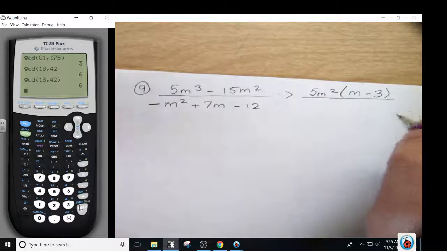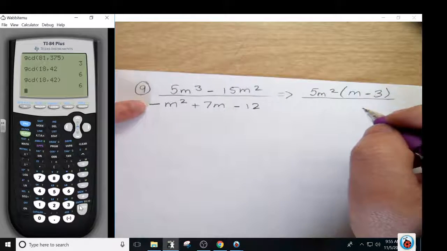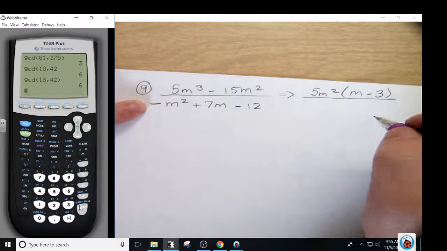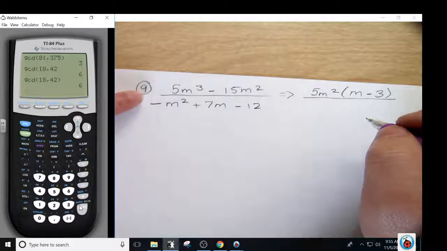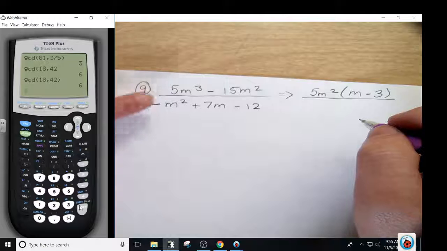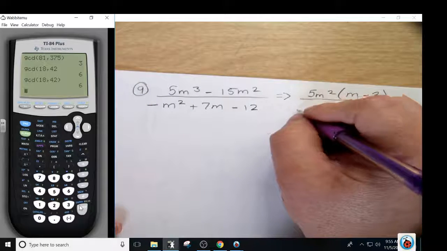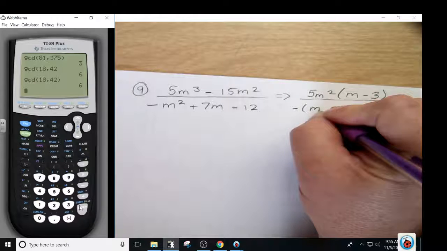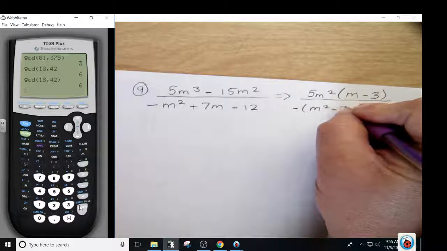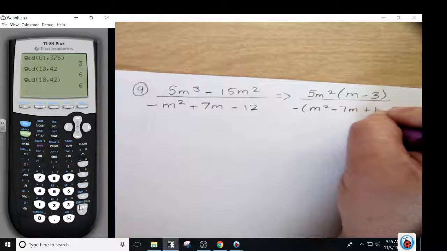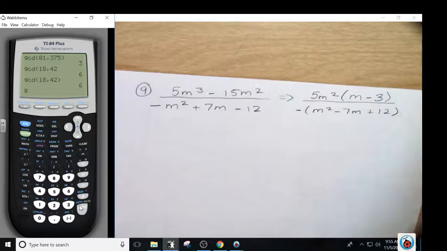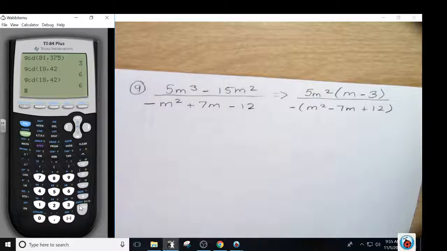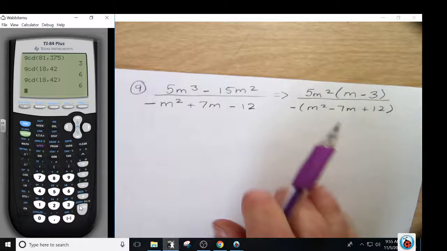Now, guys, with the leading coefficient being negative, I'd like to factor that negative out of this. So what that's going to look like is this. Notice when I factor that negative out, I don't just take it off the m squared.